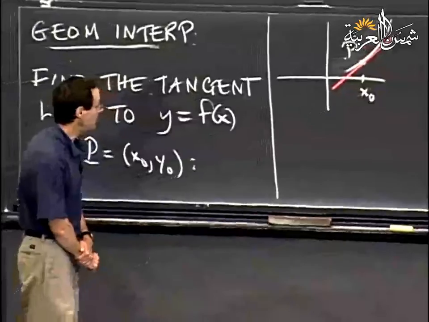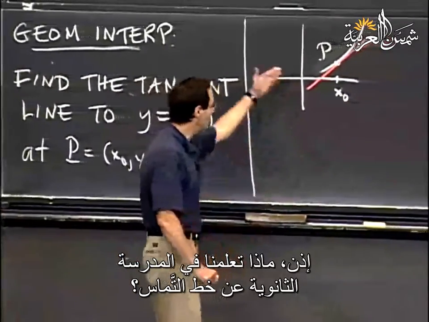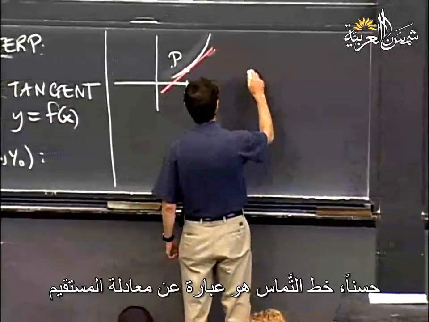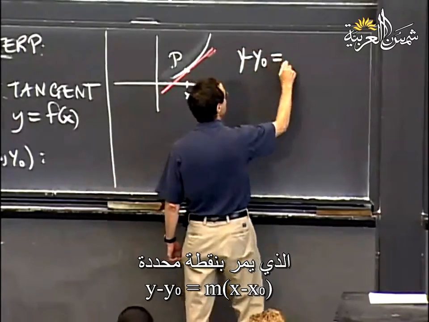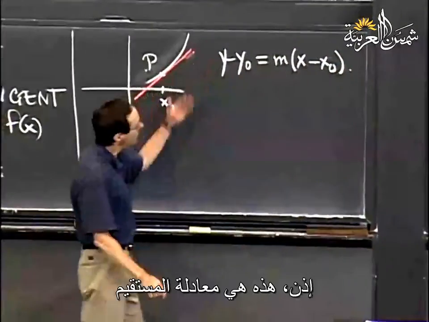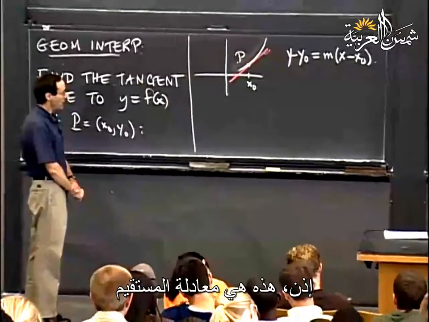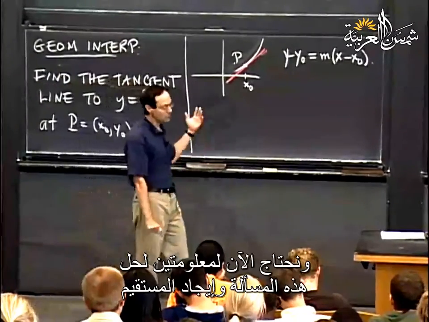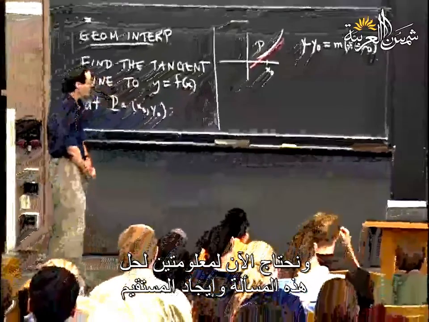So what did we learn in high school about what a tangent line is? Well, a tangent line has an equation, and any line through a point has the equation y minus y0 is equal to m, the slope, times x minus x0. So here's the equation for that line. And now there are two pieces of information that we're going to need to work out what the line is.